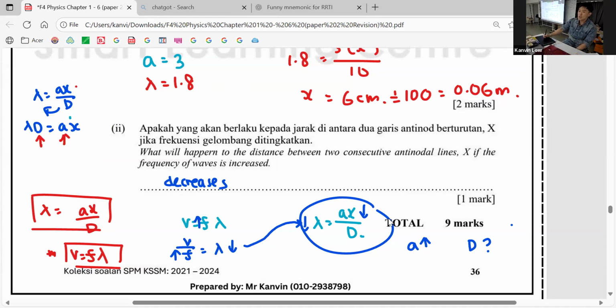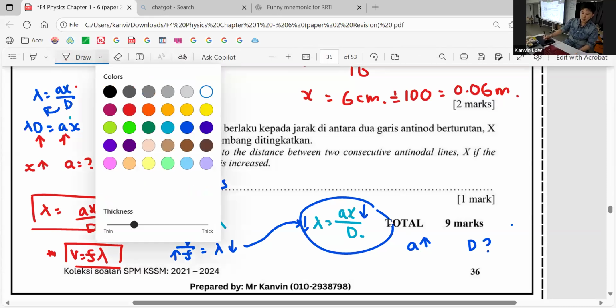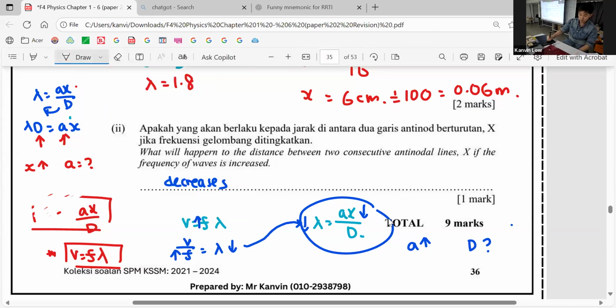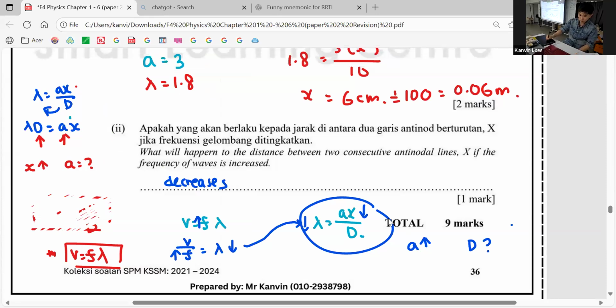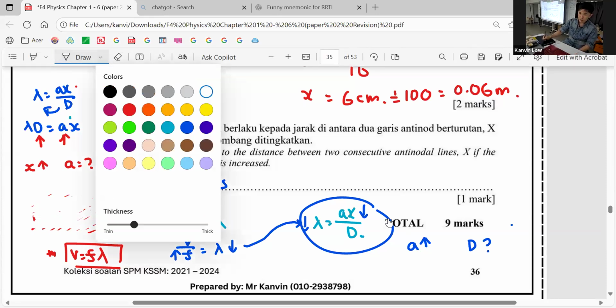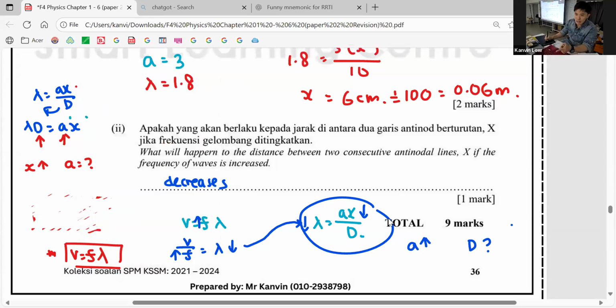So it depends. I give you another example. Let's say, if my x increases, what happens to my a? Let's check together. If I move the d to the left, it becomes lambda d equals ax.